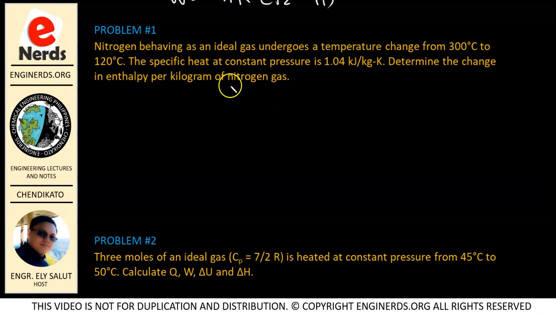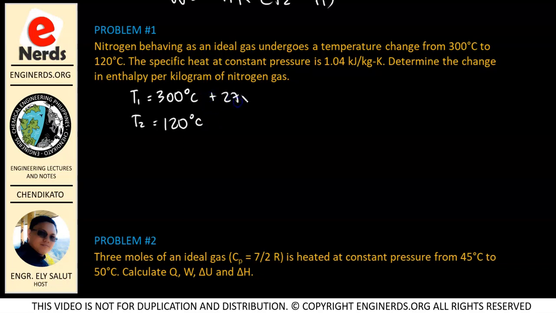As you can see, we are given here the initial temperature and the final temperature. Our initial temperature is equal to 300 degrees Celsius, and our final temperature is 120 degrees Celsius. Of course, we are working with ideal gases, so we need to convert this to Kelvin, right?